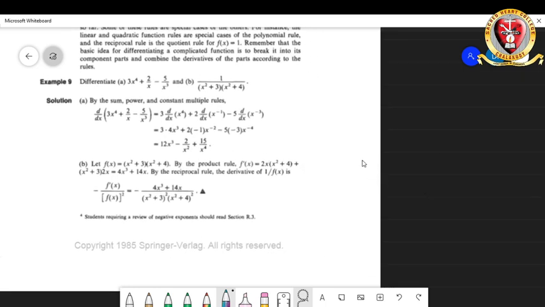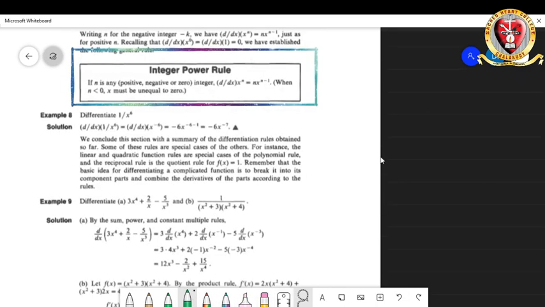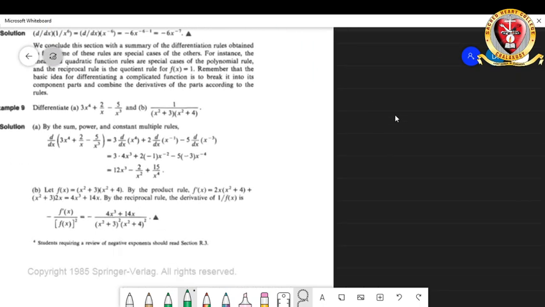We know the reciprocal rule says that d by dx of 1 by g of x is equal to minus 1 by g of x the whole square into g dash of x, or d by dx of g of x. So you have to find this g dash of x.